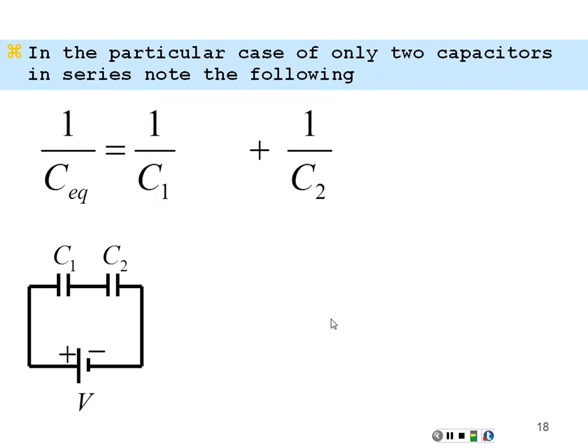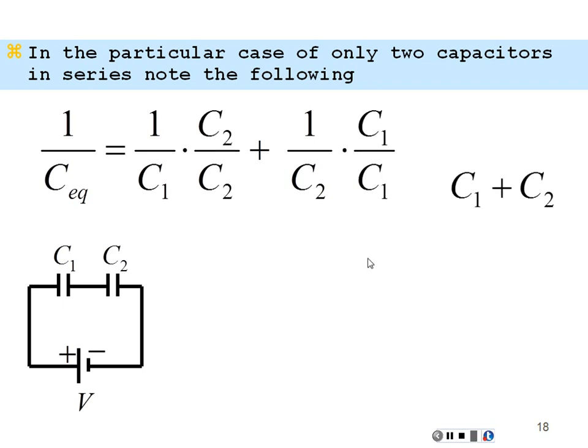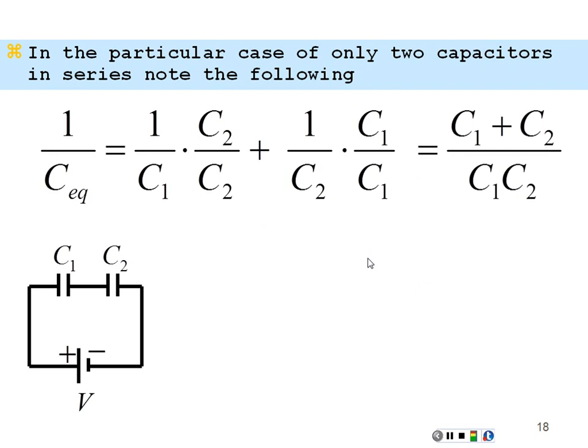If we had a case where we only had 2 capacitors in series, it should be true that 1 over C equivalent is equal to 1 over C1 plus 1 over C2. Let's find a common denominator for these 2 fractions. We're going to multiply them each by 1 to get a common denominator. And now I have 1 over C equivalent is equal to C1 plus C2 over C1 times C2.